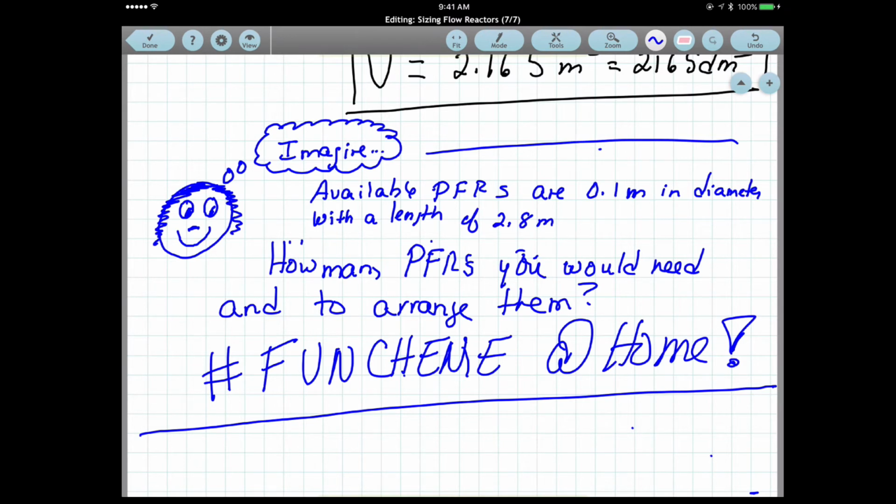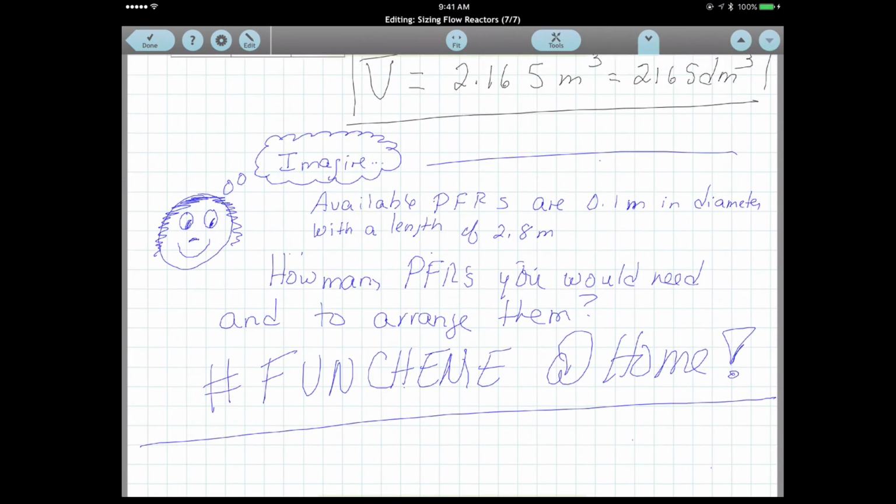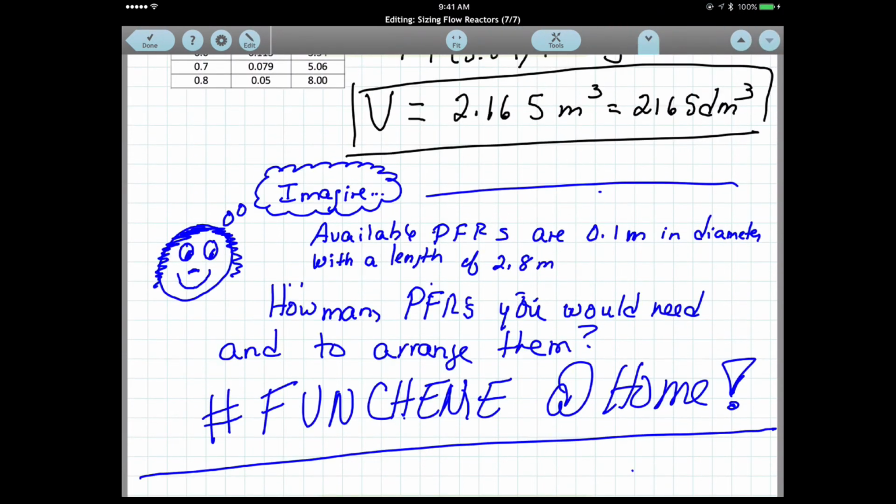How many PFRs will you need and how will you arrange them? Remember that we are basing this statement on the volume value obtained here. So using that value as the total volume needed, let me know and we will discuss this in the next class. Make sure that you study this and you have an idea how to solve it.